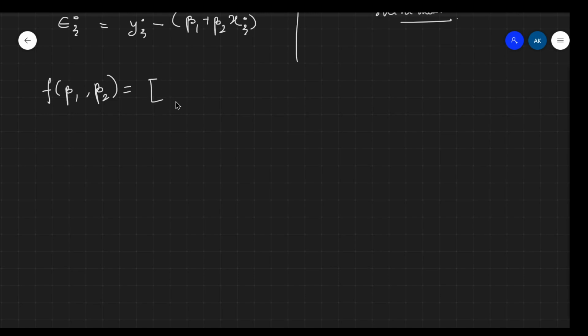Fine, so this will be equal to 6 minus beta 1 plus beta 2 into x1.